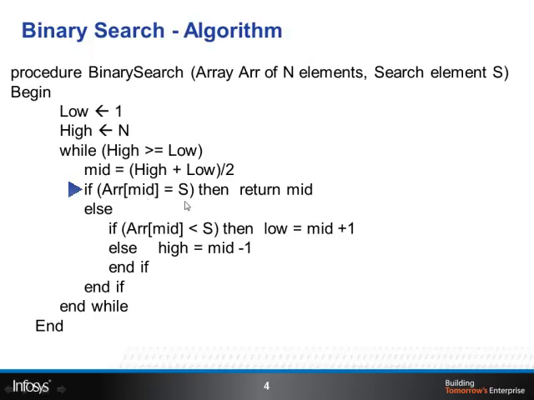Because this condition is true, it returns mid, the position where the element 40 is present. Again, referring back to the same example, the value that is being returned here is 4. This is how the algorithm is going to work based on the divide and conquer principle. So friends, this has given you an idea how binary search is implemented using the divide and conquer principle.